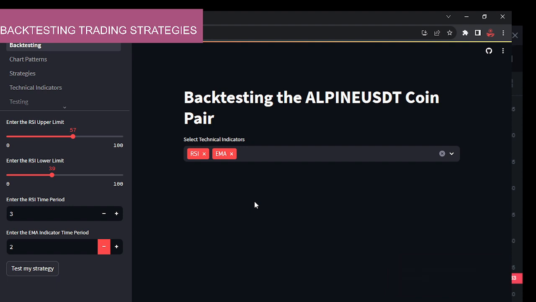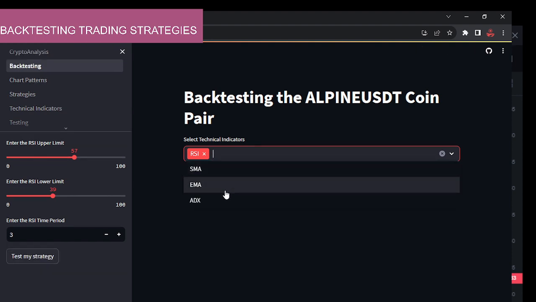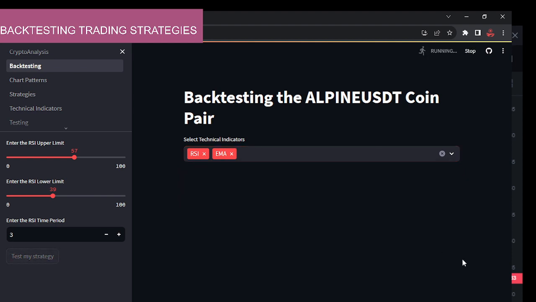Another point for you to note is that if you're combining these particular indicators for buying and selling, they must meet both of the conditions, depending on the conditions that you've set. And another thing to note about the conditions: once you select these indicators, a message will pop up below.